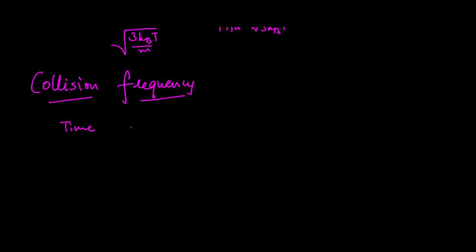Let's go to collision frequency. Again, collision frequency means the number of collisions that one molecule makes in 1 second or in unit time. So it's like if you just do some cross multiplication, time and number of collisions.